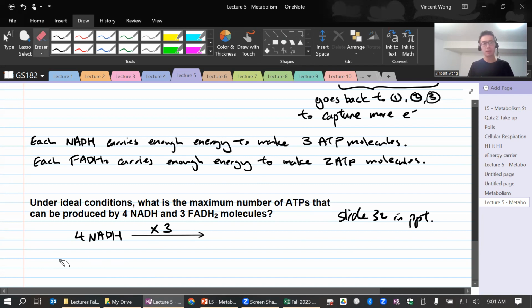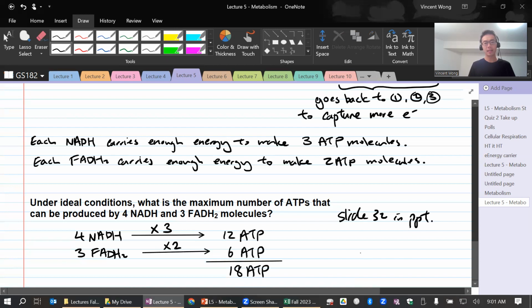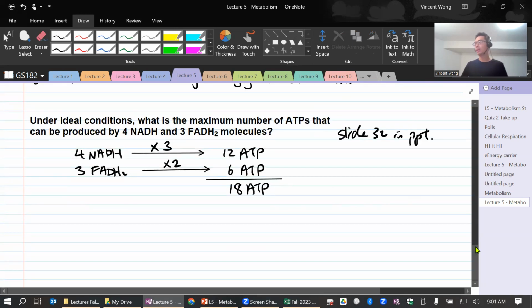So 3 times 4 is 12 ATP. There are 3 FADH2, and this time we only multiply by 2, which will give me 6 ATP. And if you add them up together, 12 plus 6, that gives you 18 ATP. Is that okay?